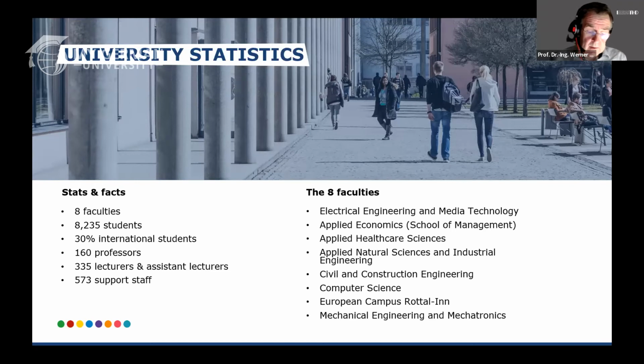Actually, we have 8 faculties, around 160 professors, and the lecturers and support staff. The 8 faculties are electrical engineering, applied economics, healthcare, natural science, construction, computer, European campus Rottal-Inn, and mechanical. The program we are talking about is part of the electrical engineering and media technology faculty.